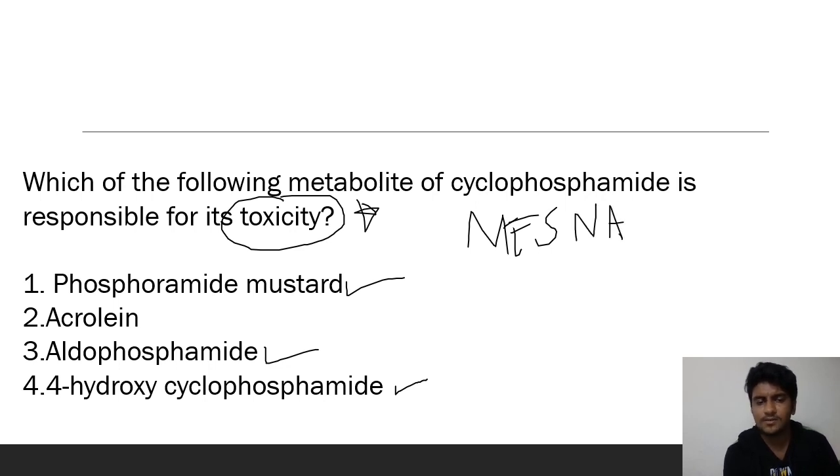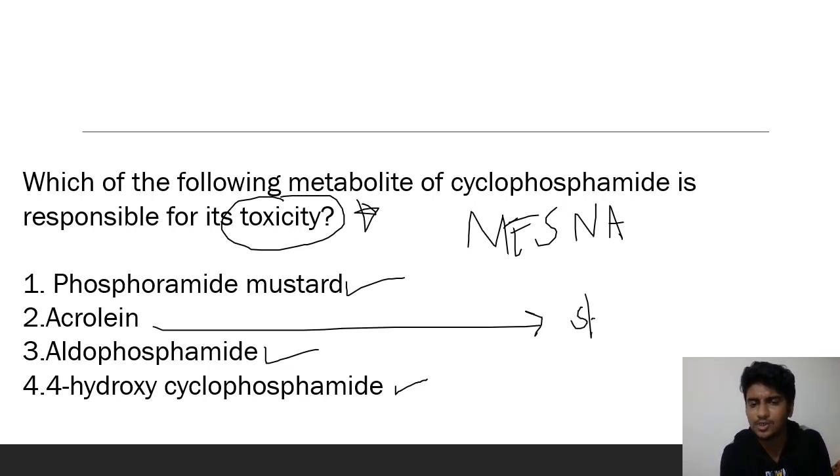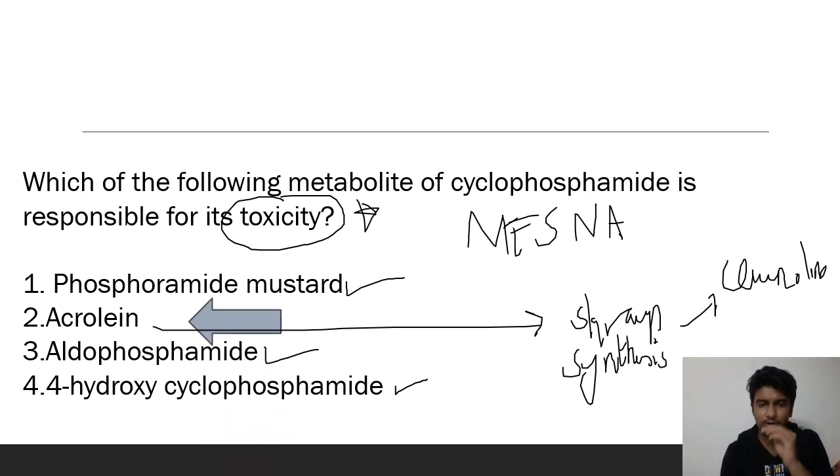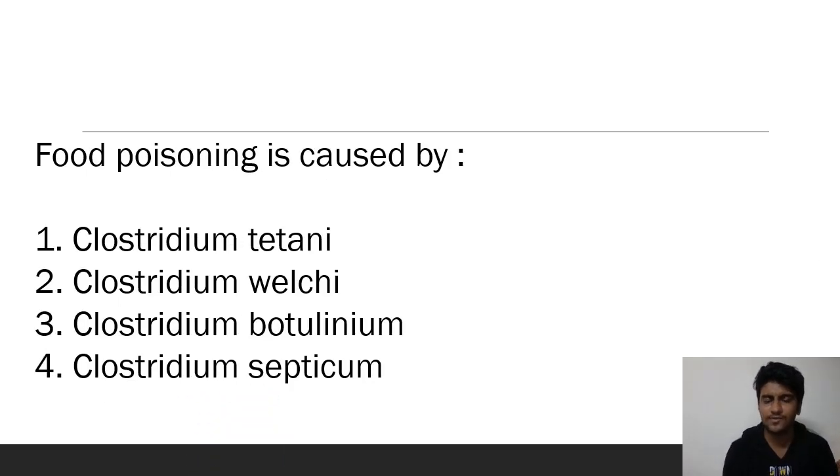Mesna is mercaptoethane sulfonic acid. So the right answer will be acrolein, which is also formed in the Skraup synthesis for quinoline. So this is how you link your medicinal chemistry, your organic chemistry, and your pharmacology together. So the right answer is acrolein, which is a toxic metabolite of cyclophosphamide.